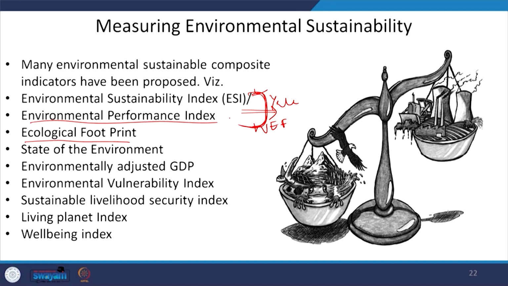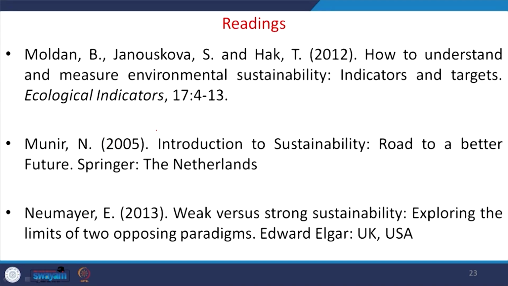So, these are some of the indices that are already in the literature in order to capture or measure environmental sustainability. Among all these indicators or indices, we will be highlighting these two in detail: the Environmental Performance Index and the Ecological Footprint Index. These two we will be discussing in the next class.